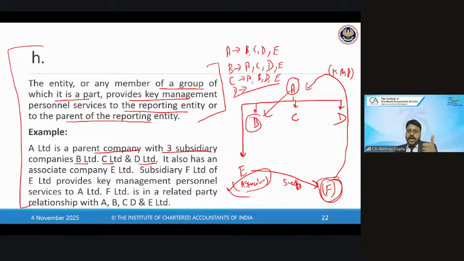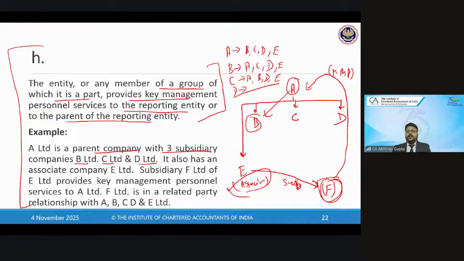F is providing the KMP services to A Limited, the parent, or suppose it provides the KMP services to B Limited, even then all these are related to each other. So F will be related to A, B, C, D, and E. E anyway is related because F is a subsidiary of E. But for A, B, C, D, it was not related because the subsidiary chain was broken. Now it is related because of this special clause H, because F is providing the KMP services.